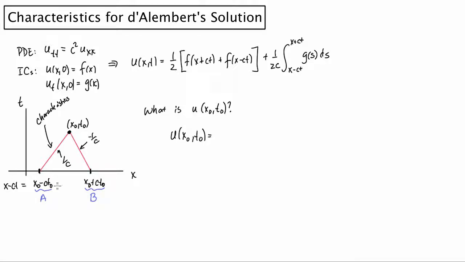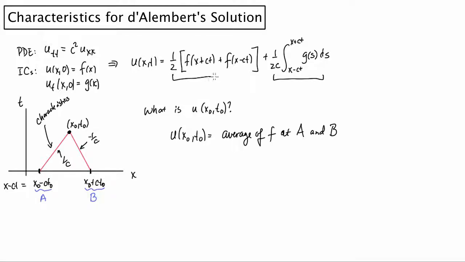But f of x0 minus ct0 and f of x0 plus ct0 is f at A and f at B. So u of x0, t0 is the average of the function f at the points A and B. That seems simple enough, but we've also got to add in what happens with the initial velocity.